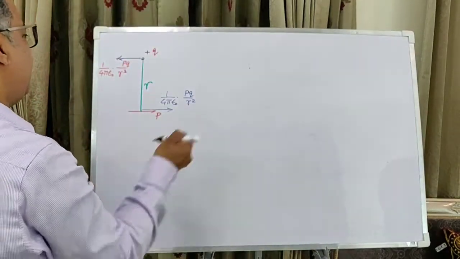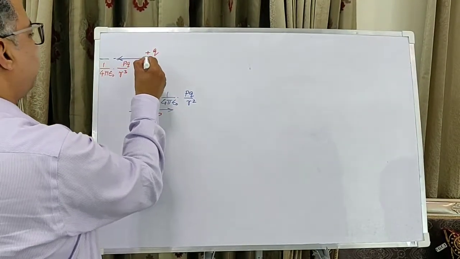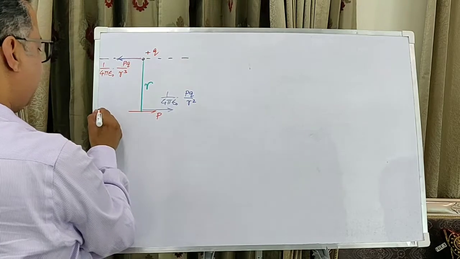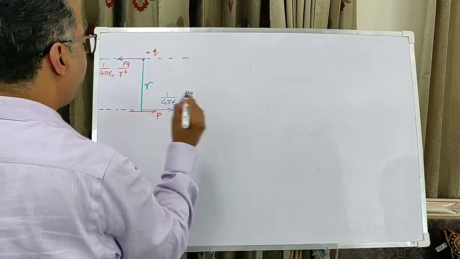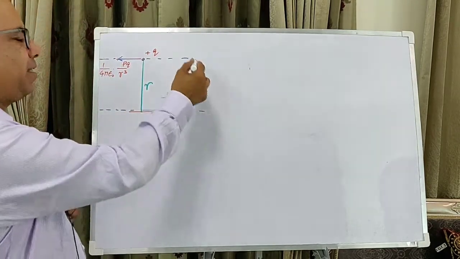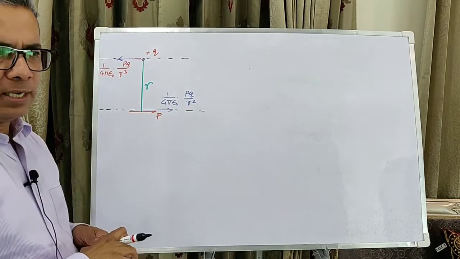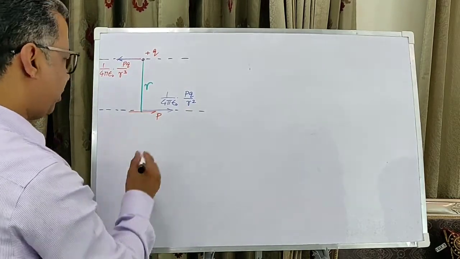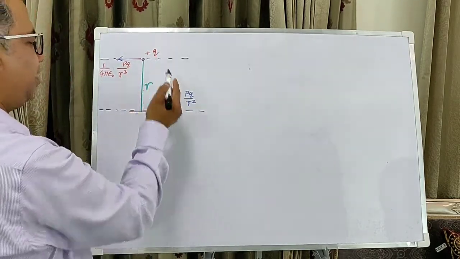One of these forces has this line of action and the other one has this line of action. So the lines of action of the two action-reaction forces are different.